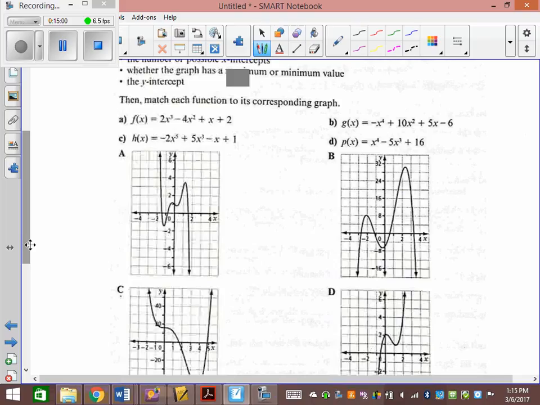Okay, so this one ends down on the right. So what does that mean it has? A negative leading coefficient. Okay, this one ends down on the right. So what does that mean?